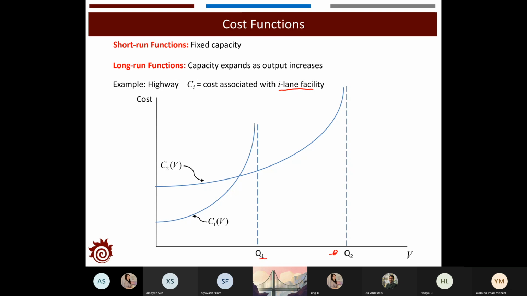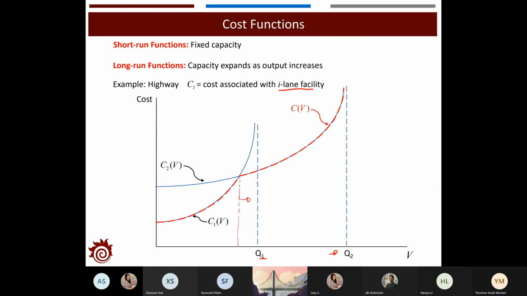Then the cost function should be modified a little bit. For this case, the cost function will be the part which is lower. For these 2 lines, we take the portion which is lower than the other one. Before this point, the one lane road has a better performance and gives you a smaller cost, so you will take this part.